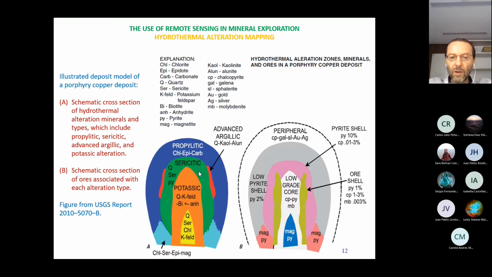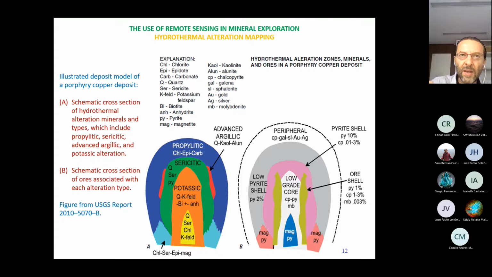And then outside of this sericitic zone, you have the argillic alteration. And here you have clay minerals like kaolinite, and a mineral called alunite. And outside this envelope of argillic alteration, you have a big envelope which is called propylitic. And here you get chlorite and epidote, so the rocks are kind of greenish.